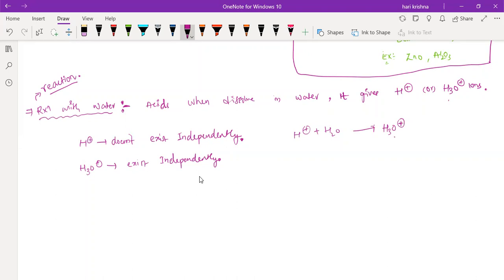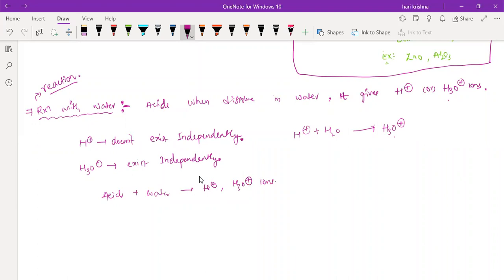When it is combined with other elements, again H plus will be separated and H2O will be separated. Understood? So when acid dissolves in the water, you'll get either H plus or the H3O plus ions.